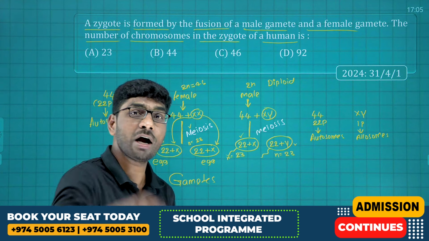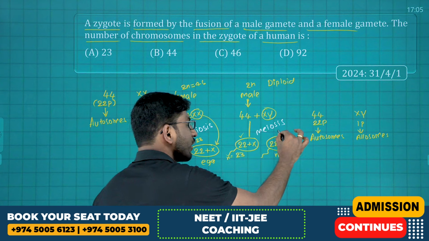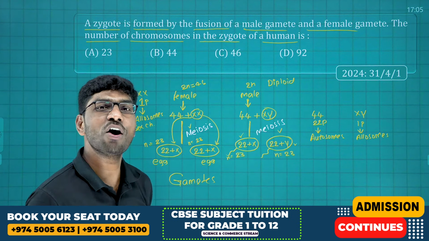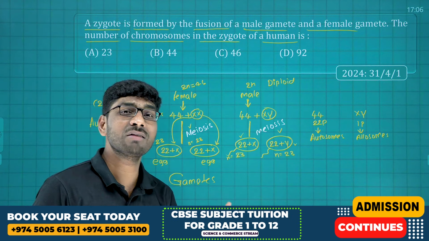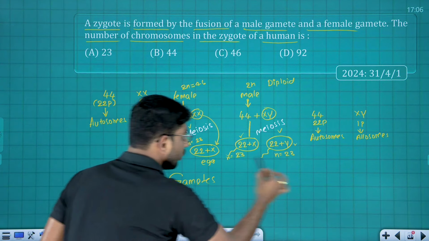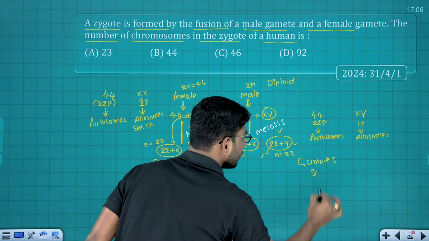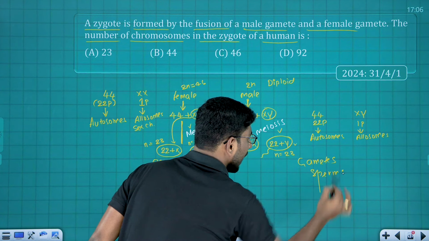Why? Because an important division takes place called meiosis, a reductional division. These two are now gametes, sperms. Sperms are also haploid.